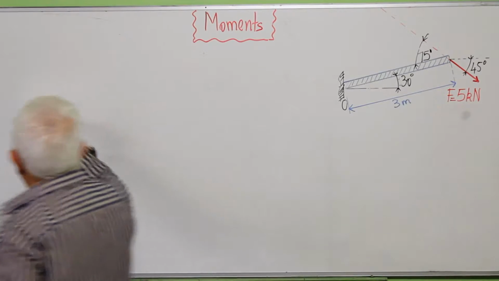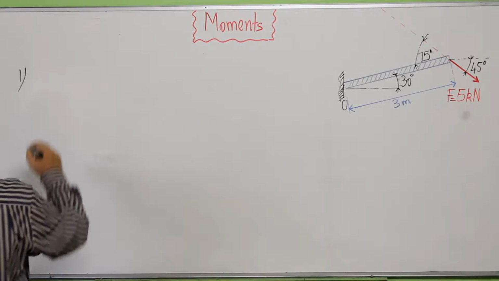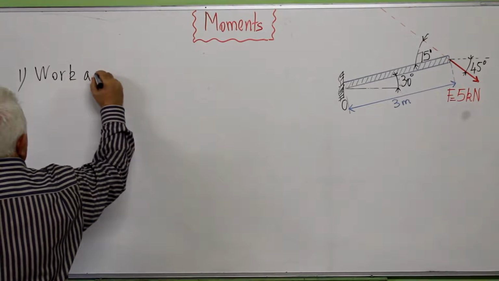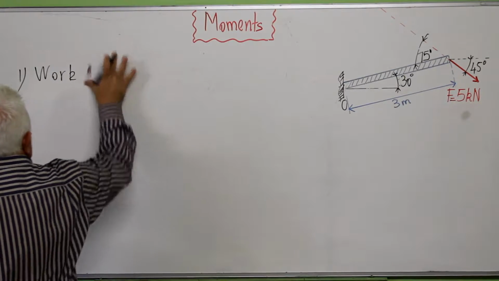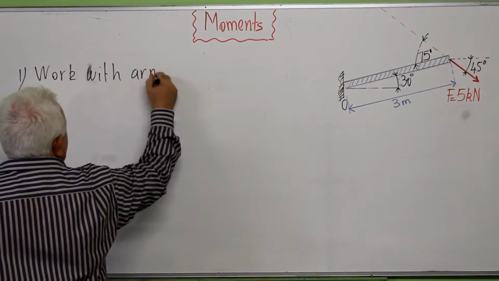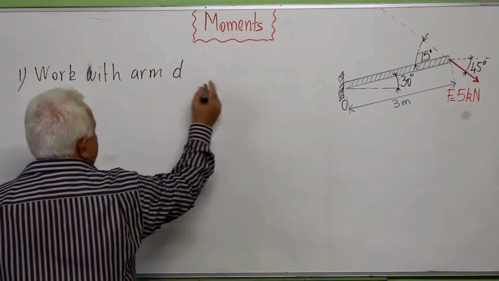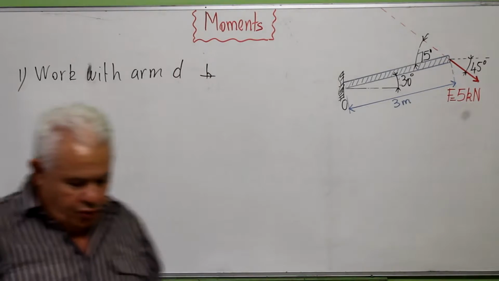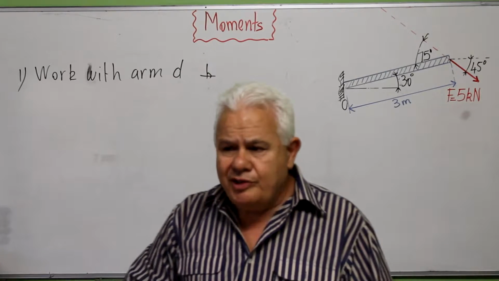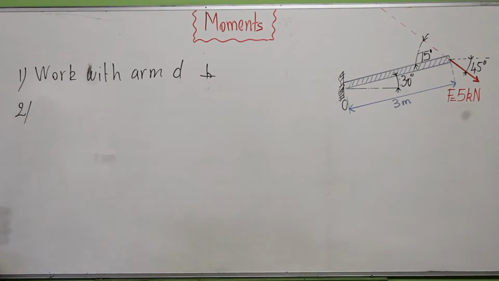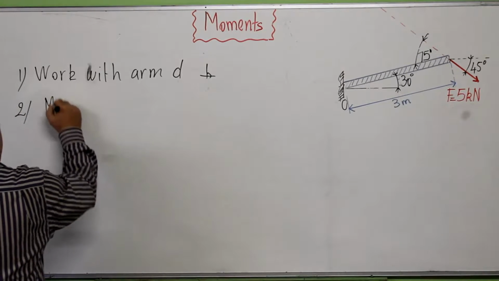The first one is to work with the arm D, and this arm D should be perpendicular to the rod. Also, we can use a second method, which is the method of components.